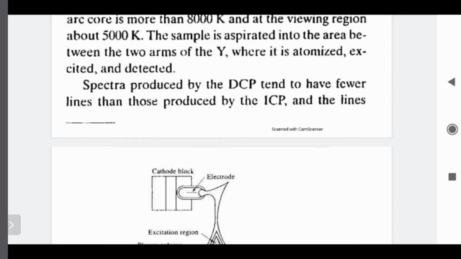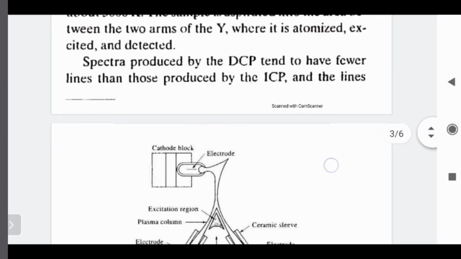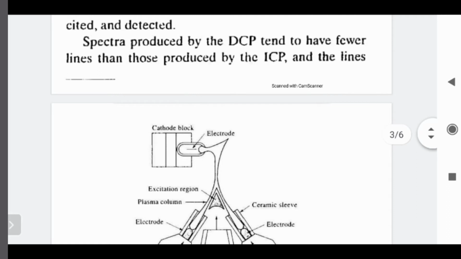So the basic use of all of these sources is to atomize the given sample, then excite it, and finally detect it. The spectra produced by the direct current plasma tend to have fewer lines than those produced by the ICP. So the spectra obtained from the direct current plasma is quite clear.